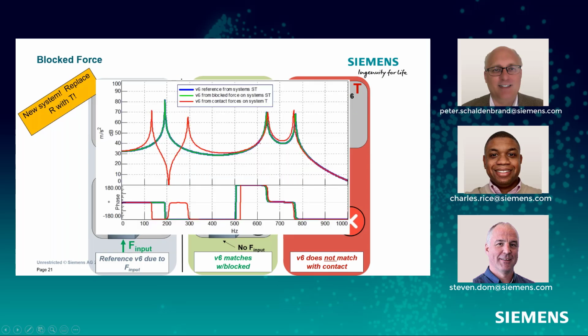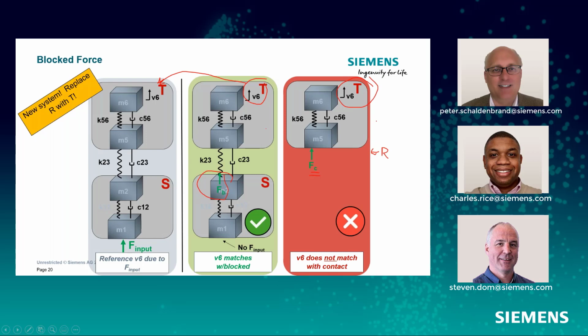So Pete, what you're saying is that when you replace that input force that you have on the left-hand side here, you take that away because you cannot measure it. Yeah, that is key. So you replace that with the blocked force at the connection area, where the source attaches to receiver T, and then you would get the same response.